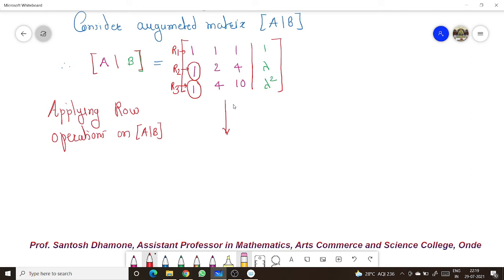Now we study case 3, no solution. If the rank of matrix A is not equal to the rank of matrix AB, then the system of equations has no solution.